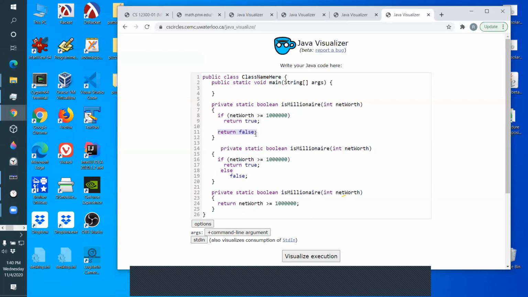Just put an extra return statement outside the if statement, give the if statement an else clause, or just say, well, you don't even really need the if statement. Just return net worth greater than or equal to 1 million. So there are three ways to fix it.